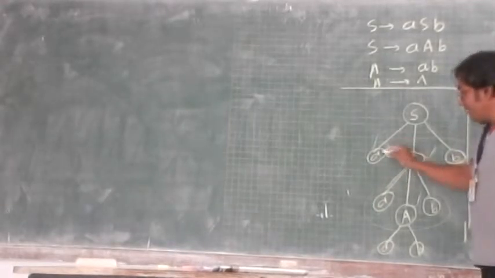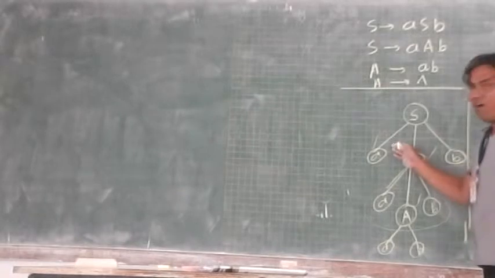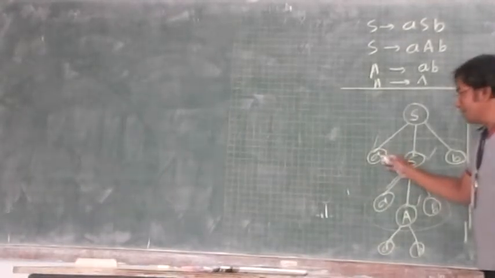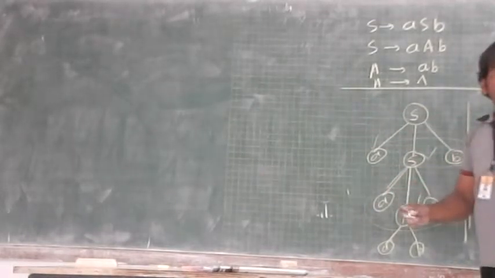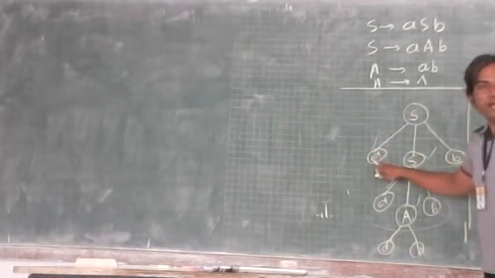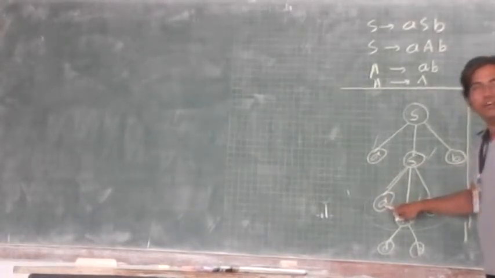So this derivation tree we have drawn for the purpose of getting a string out of it. We can get a string by looking at this derivation tree, collecting the labels from this tree starting from left to right. This is my tree, the very first symbol in this tree is A, then come down, this is the next symbol, third symbol, fourth, fifth, sixth symbol.